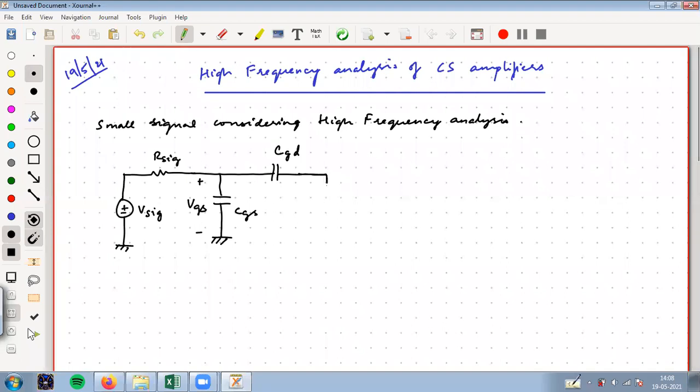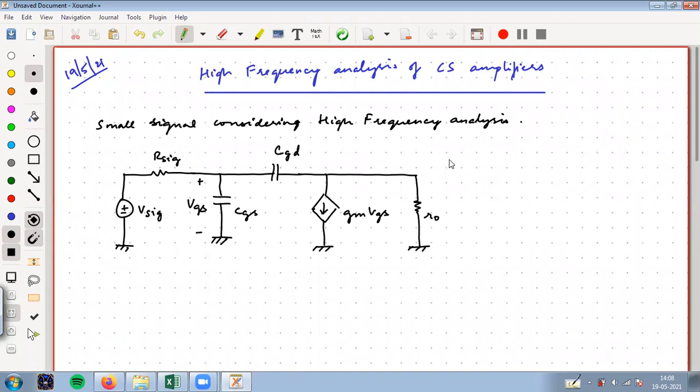Then I have my dependent source, which is connected to ground. This is GM into VGS. This is connected to R0. Okay, R0 here is the drain to source resistance, assuming your MOSFET is in saturation.